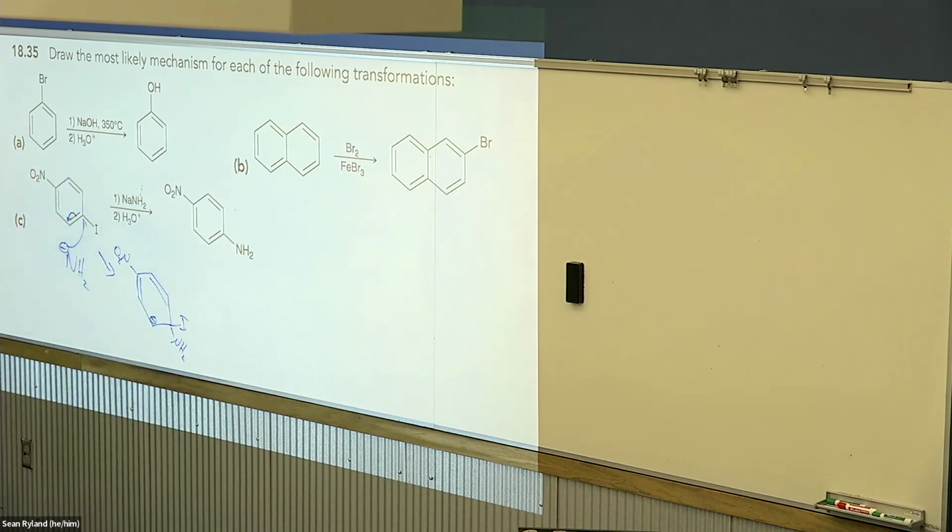That has all resonance structures, but then it's always going to end with the leaving group leaving, so we reform the aromaticity.